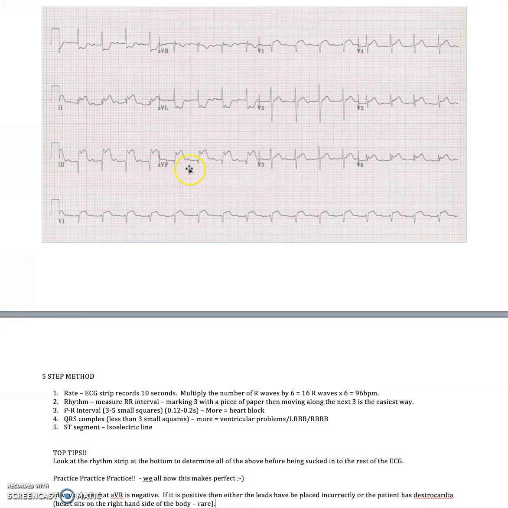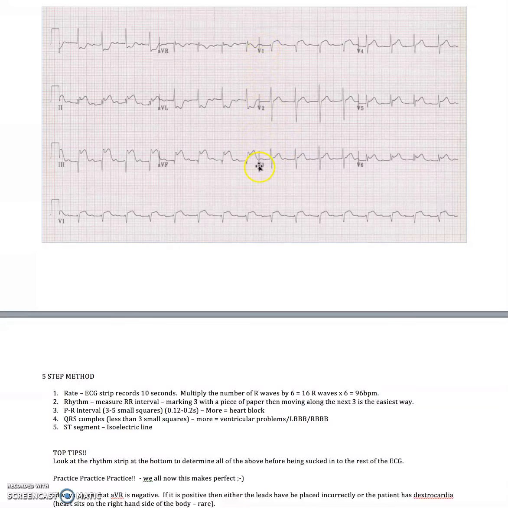The other common area where you can have infarcts is your anterior aspect of your heart, which is V1, V2, V3, V4. Okay, so these 4 leads, and remember these sit on the anterior chest wall, and the infarct would be basically directly where those leads are sitting.